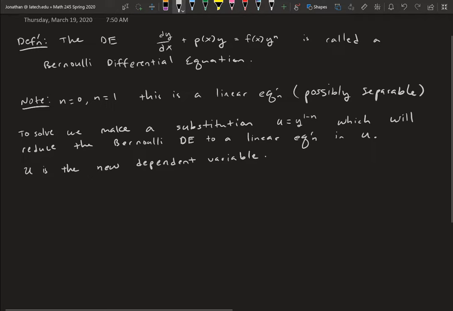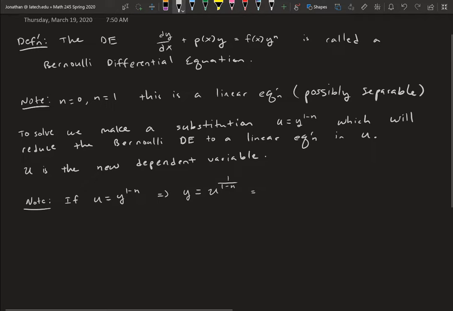Note, if u is equal to y to the 1 minus n, then if you solve for y, y is equal to u to the 1 over 1 minus n. So basically we need to raise both sides to the 1 over 1 minus n power.